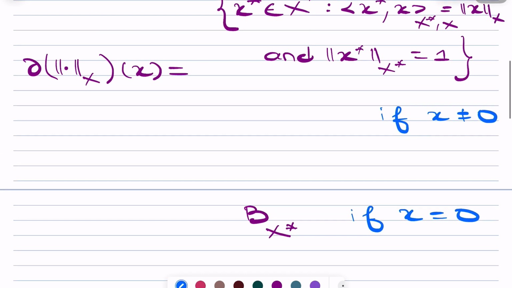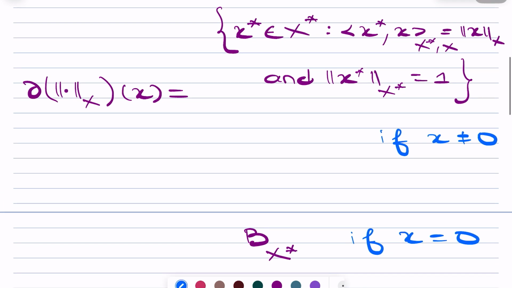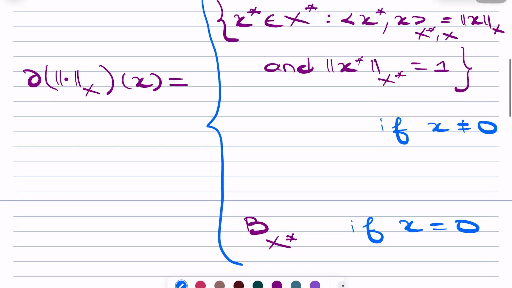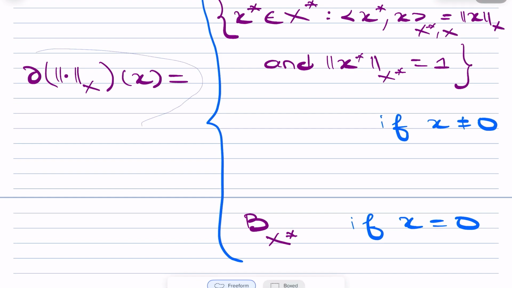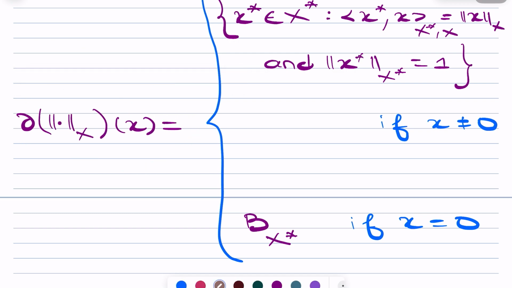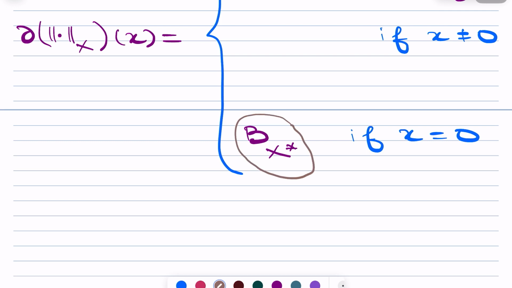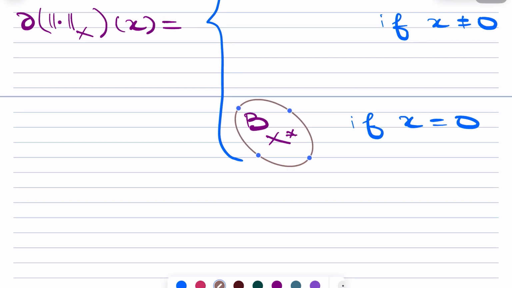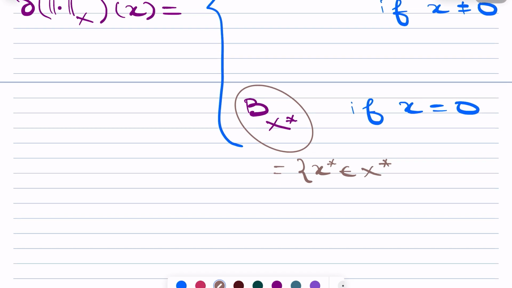Probably I have to mention that by this I mean the set of linear bounded operators, I mean x star in the dual space, such that the operator norm of x star is less or equal than 1.